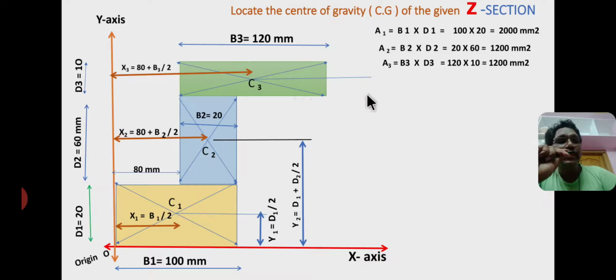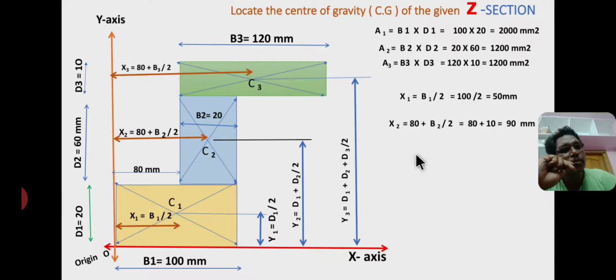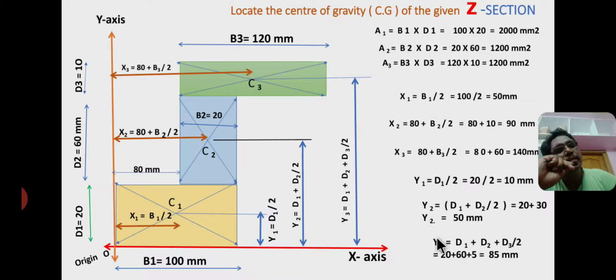Now y3, at a distance of y3 from x-axis, that is height of a bottom rectangle plus height of a second rectangle plus half of the height of a third rectangle, that is d1 plus d2 plus d3 by 2 is the value of y3. Now from diagram, x1 equal to base 1 by 2, x2 equal to 80 plus base by 2, and x3 equal to 80 plus base by 2. Now y1 equal to d1 by 2, y2 equal to d1 plus d2 by 2, y3 equal to d1 plus d2 plus d3 by 2.